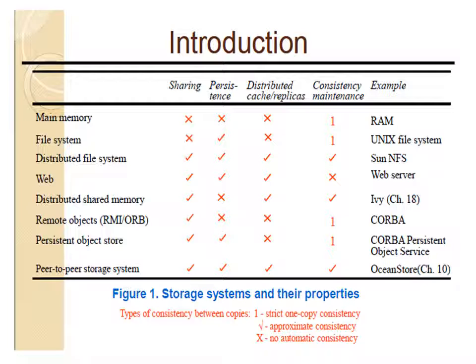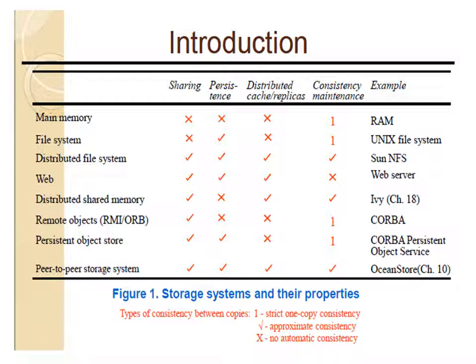Remote objects are accessed through RMI, remote method invocation, in Java, and ORB, object request broker, in CORBA. Then persistent object store and peer-to-peer storage system. These are the storage systems available.